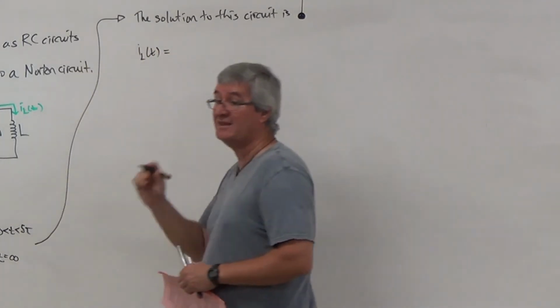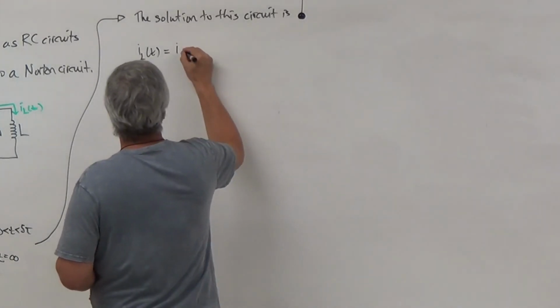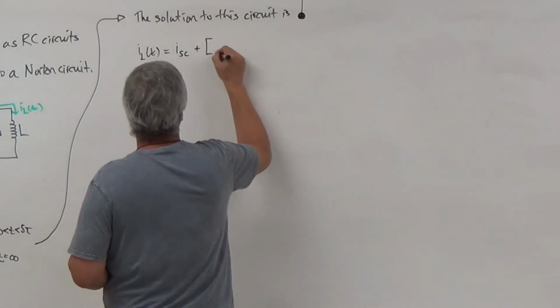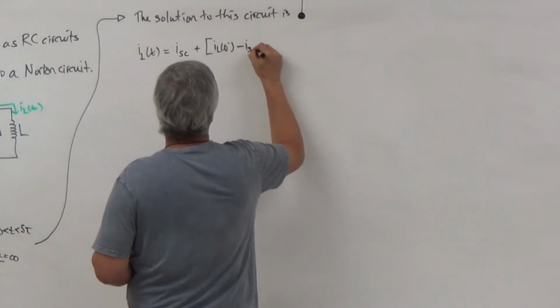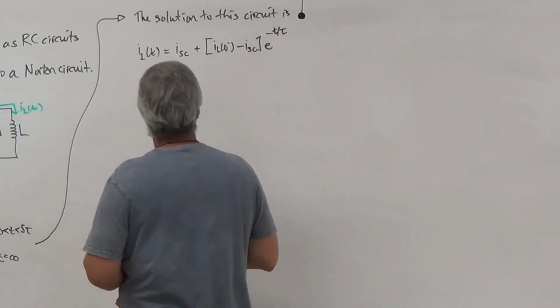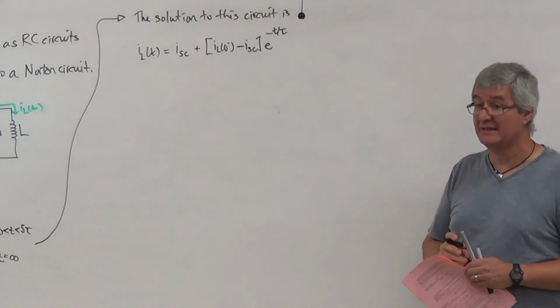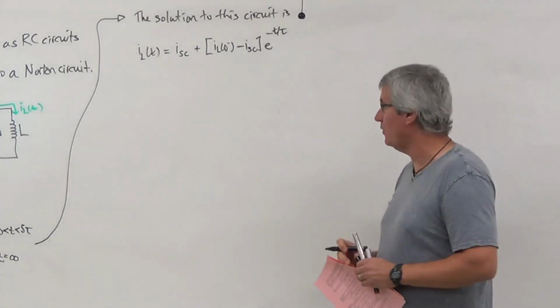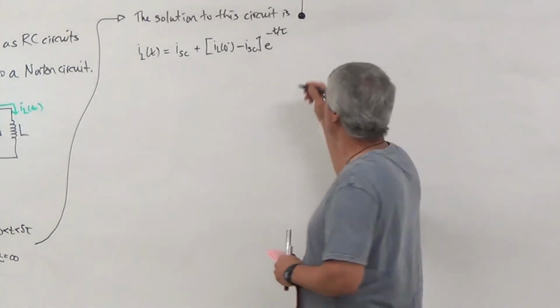There's a mathematical solution that we want to go after. It's going to be I short circuit plus IL of 0 minus I short circuit, times e to the minus t over tau. So that's the solution that we're going to get at the end. And remember, the way I interpret this solution is this is the mathematical solution.